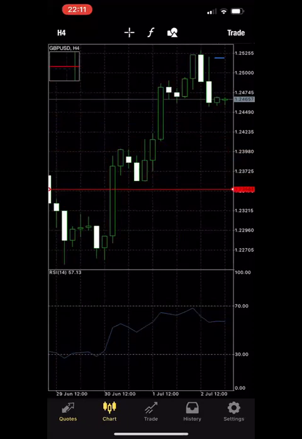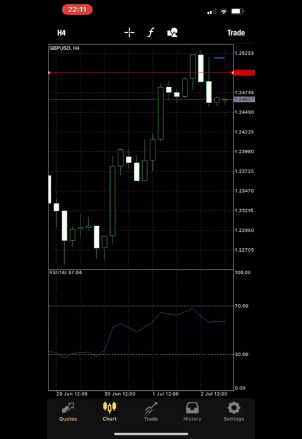If I enter the trade at 1.25000 and the price goes to 1.25300, I want everyone to really pay attention. How many pips is that, if anyone can guess? Can anyone guess?